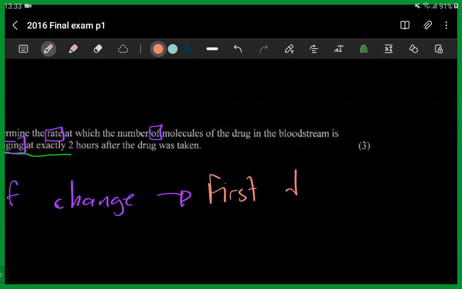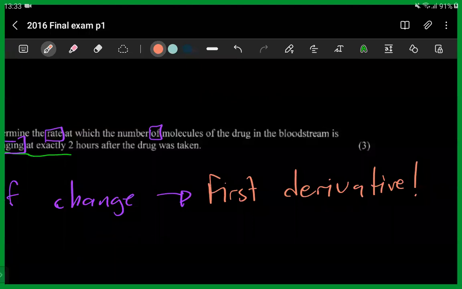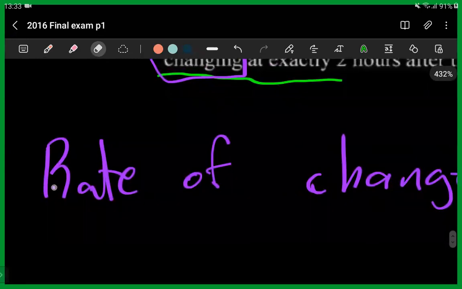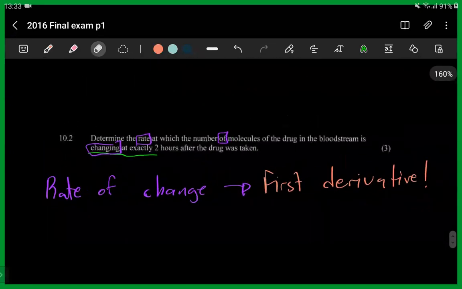First derivative. That's super important, right? Rate of change is linked to the first derivative.